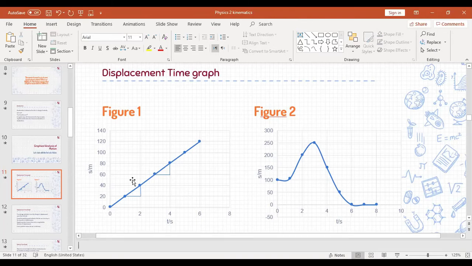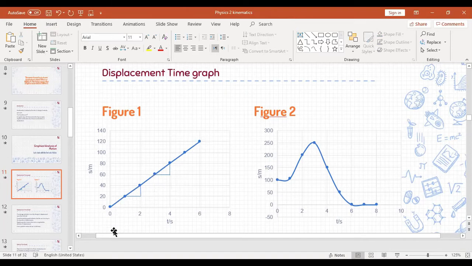With this triangle, it is 40 minus 20 upon 2 minus 1. So it's 20 upon 1. Velocity is 20. Here it's 80 minus 60 upon 4 minus 3. So it's 20 upon 1.